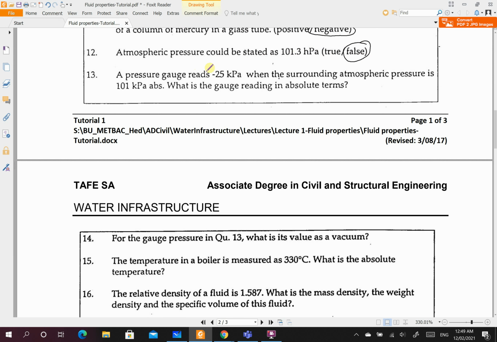Pressure gauge reads negative 25 kPa. The surrounding atmospheric pressure is 101 kPa absolute. What is the gauge pressure reading in absolute terms? So all I'm going to do here is 101 subtract 25. So what this gets me is 76 kPa.